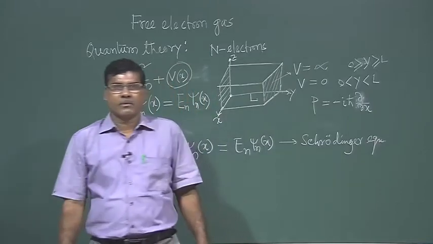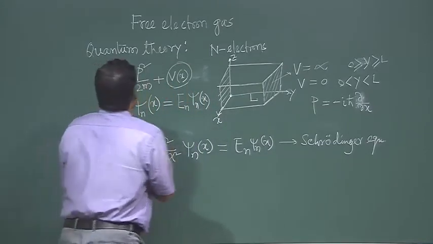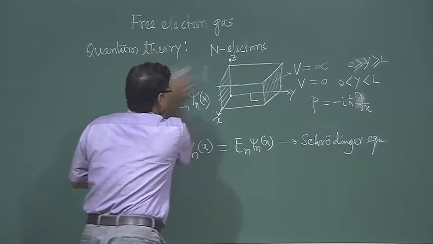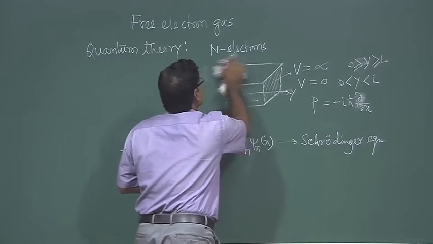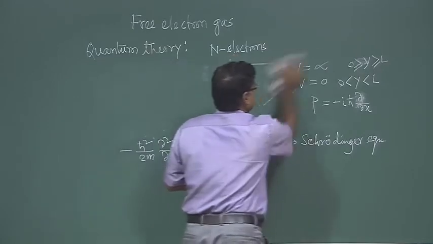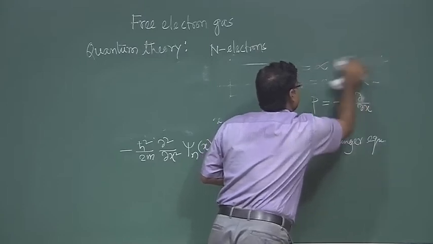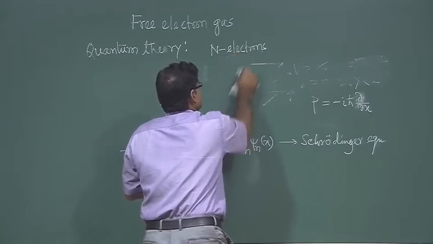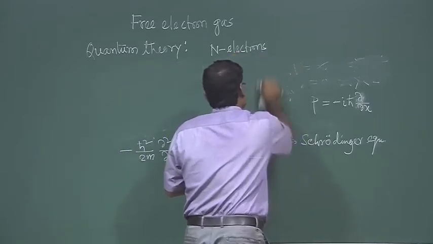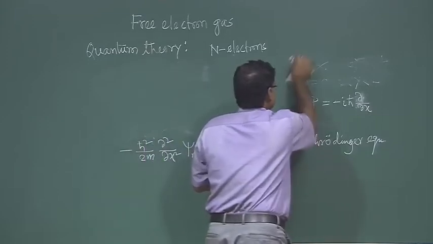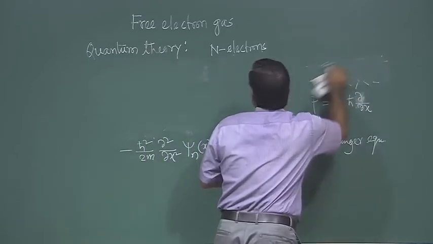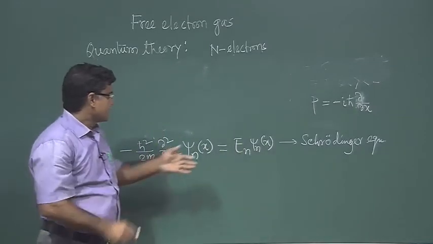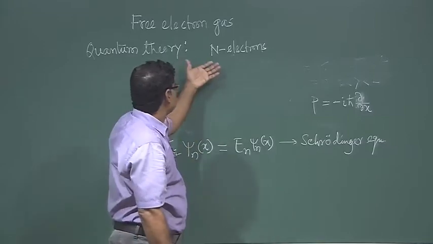Schrödinger equation for our system. So, now this, basically, electrons in a box.